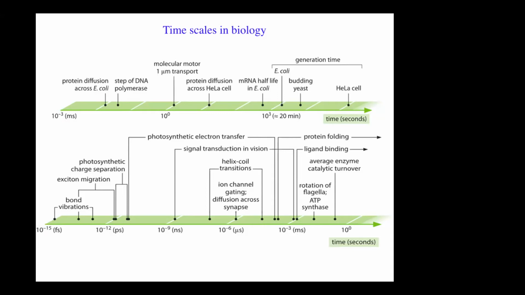So one step during the polymerization of DNA takes on the order of 20, 30, maybe 50 milliseconds. So even just sticking one nucleotide onto the next in a growing DNA chain happens more slowly than it takes a nucleotide to diffuse all the way across the bacterium, right?